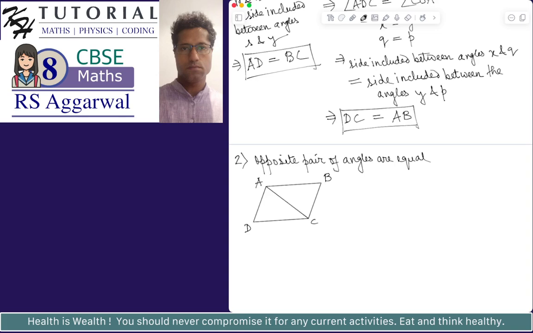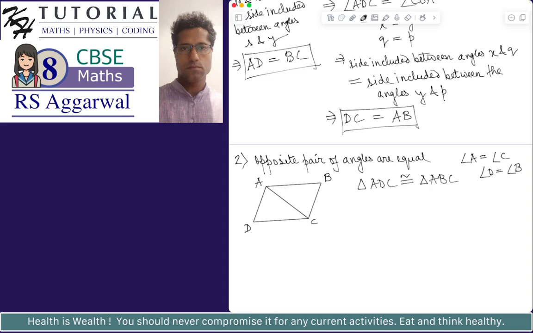We already know that triangle ADC is congruent to triangle ABC. What we need to prove is angle A is equal to angle C and angle D is equal to angle B. This is what we have to prove.